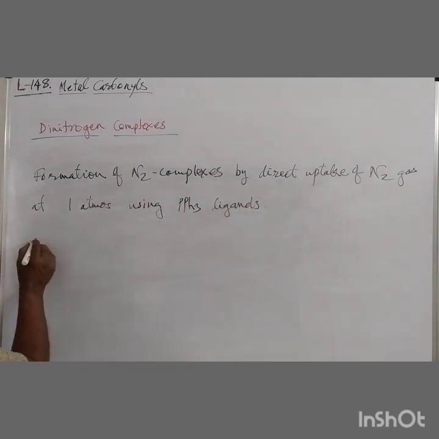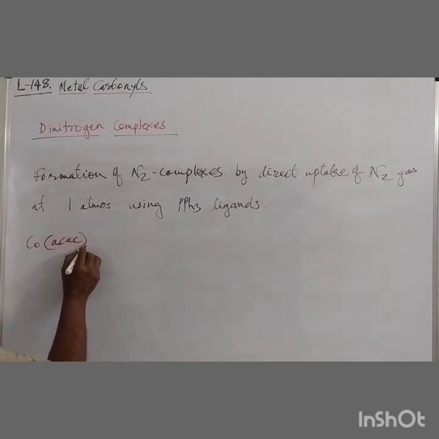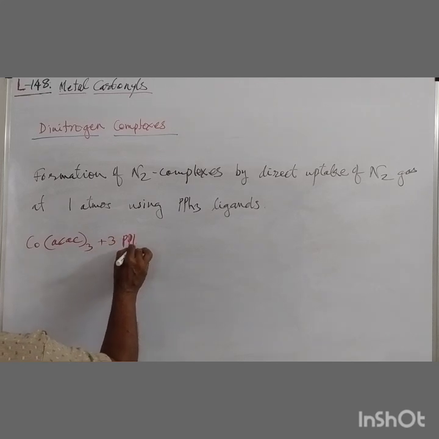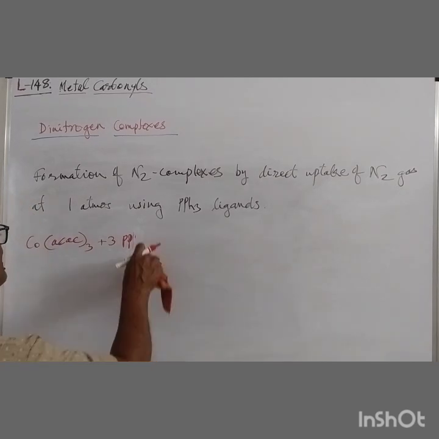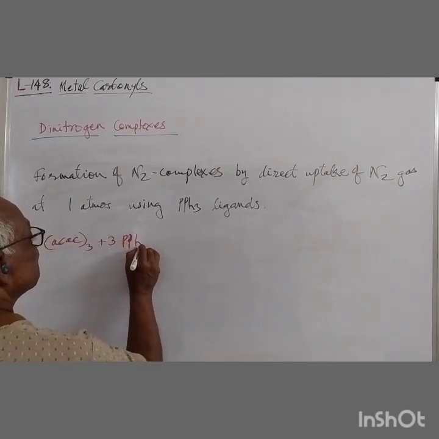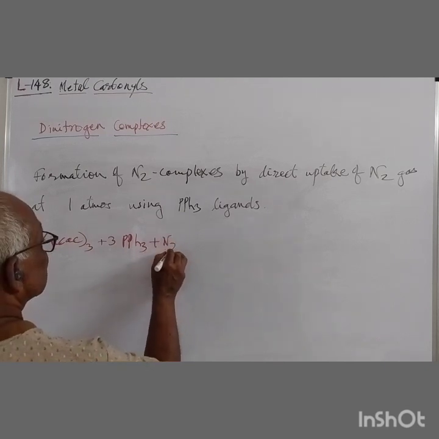So first reaction, Co(acac)3, triacetylacetonato cobalt, reacts with 3 PPh3, triphenylphosphine, and nitrogen.